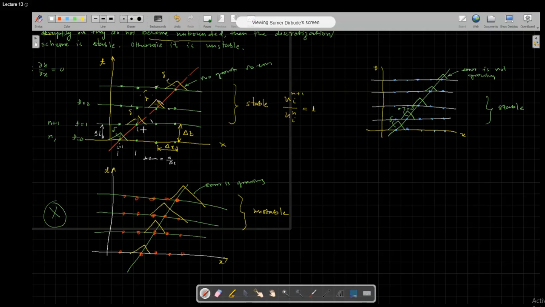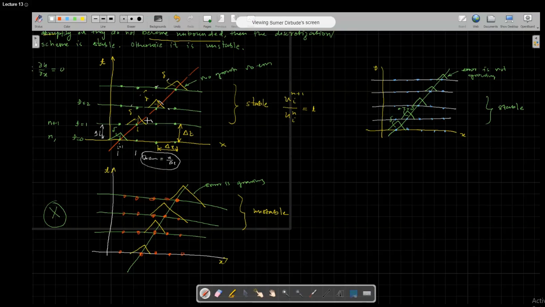So we see that these three parameters decide how my solution is moving. Now, what values of these will make it such that they do not move in an abrupt manner, or there are no abrupt changes? So the condition should lie on these coefficients.